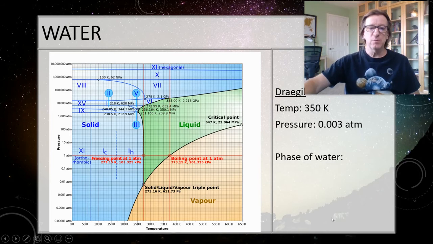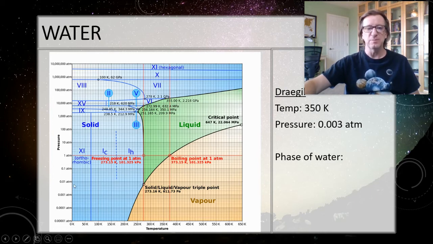Okay, you got it? So again, we're going to start on this 350 degree line right here. We're going to go up, but we're only going to go to 0.003. Now notice how this is red. It's 0.01, 0.02, 0.03, up through 0.1, 0.2, up through 1, 2, 3, up through 10.